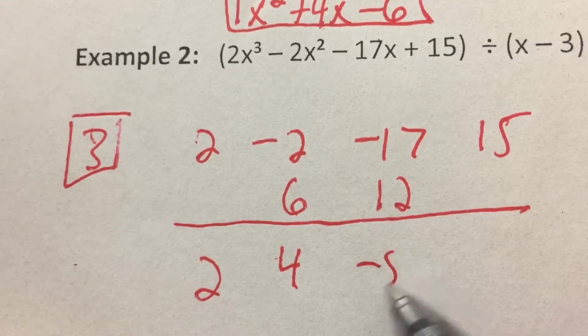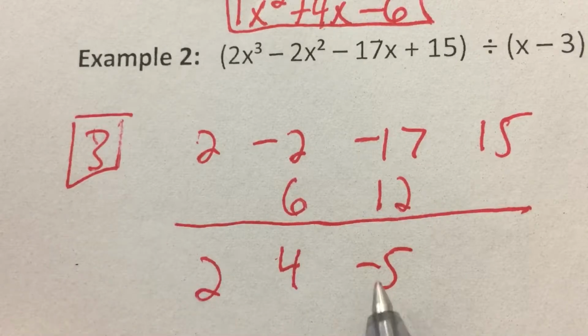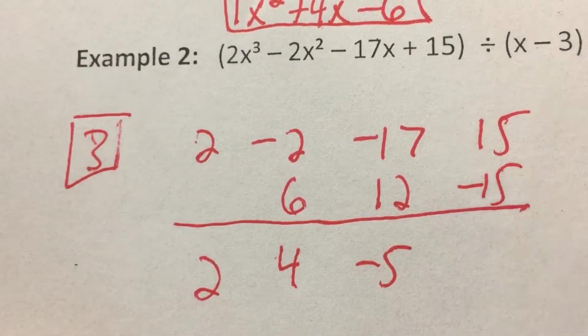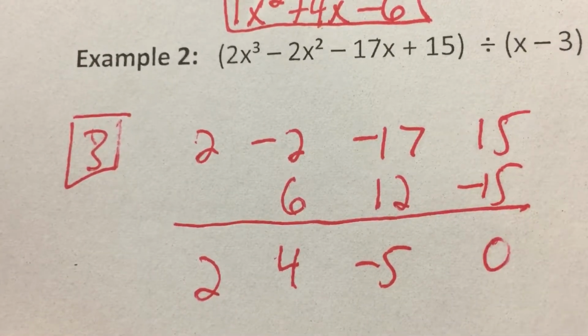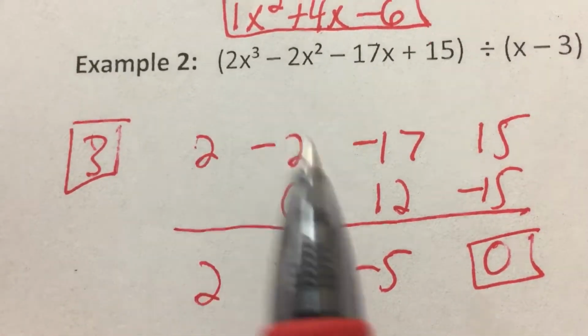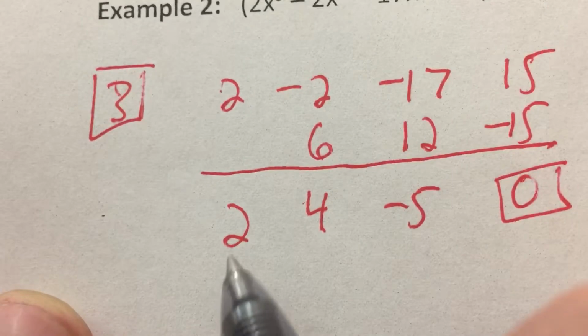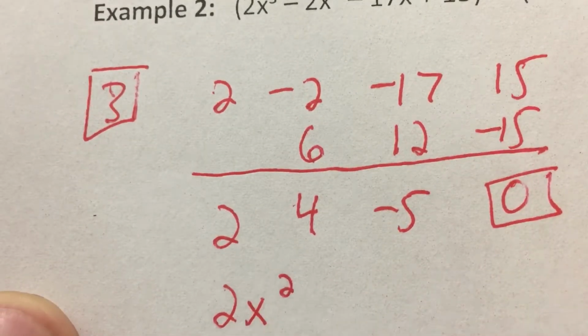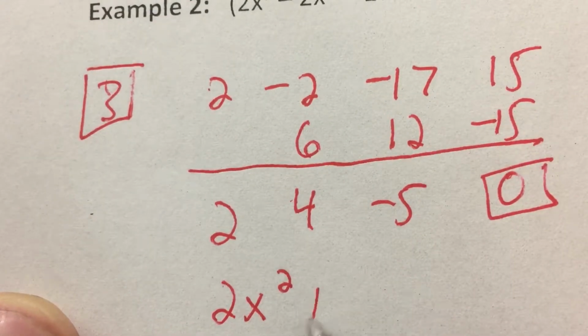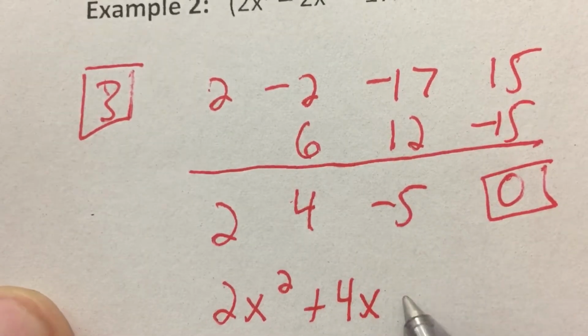Combine these two, I get negative 5. 3 times negative 5 is negative 15, and I end up with a remainder of 0. Because this one started as x to the third, my answer is going to start with x to the second. So 2x to the second power plus 4x minus 5.